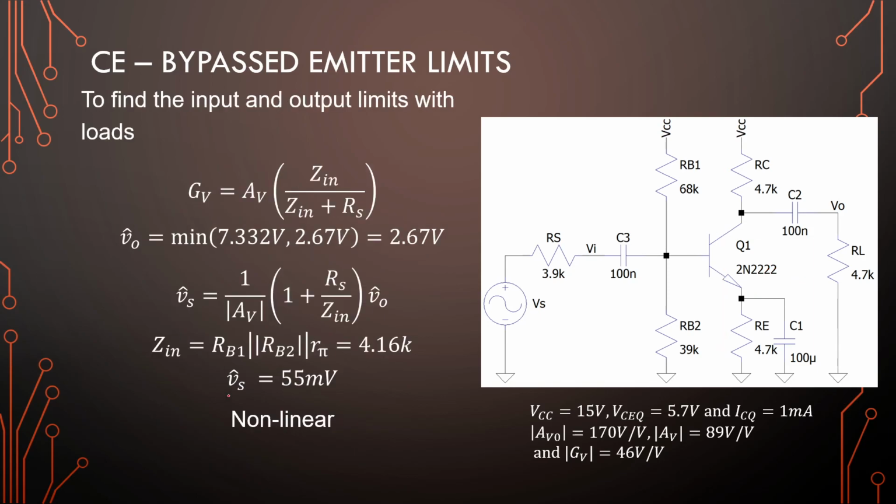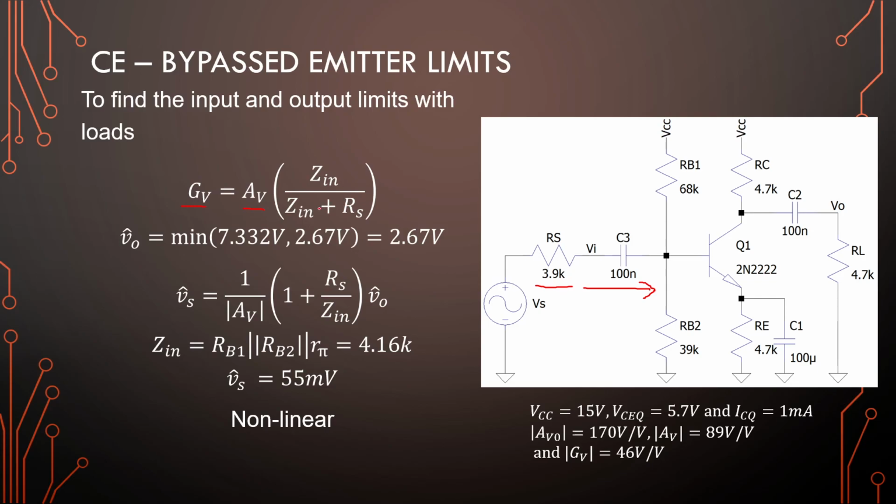But before we take a look at the linear, let's see what happens when we add RS. Adding RS is basically just a voltage divider into the amplifier using the input impedance that we are seeing looking in. So the total gain is the loaded gain multiplied by this voltage division right here.